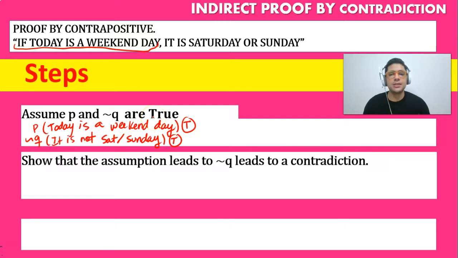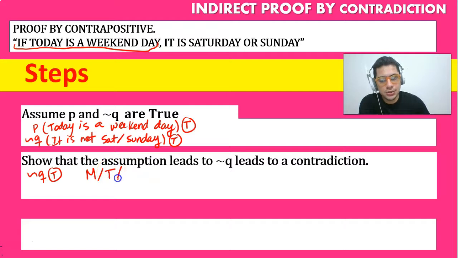Now, the second step is that we're going to show that that assumption of not Q leads to a contradiction. So how do we show that? Basically, if we say that not Q is true, that means that it is not Saturday or Sunday, which would mean that it is either Monday, Tuesday, Wednesday, Thursday, or Friday, right? Because it has to match.